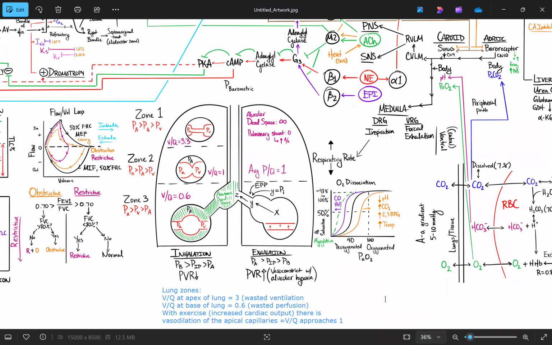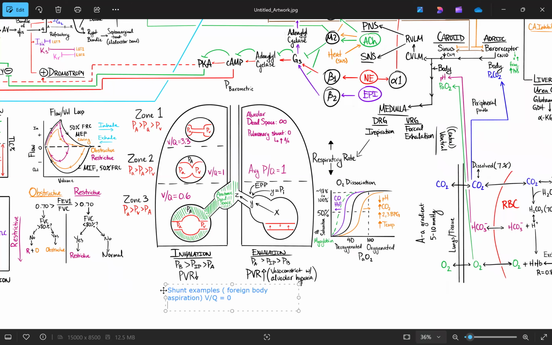For pulmonary shunts, that'll be 0 because you don't have any exchange of gas, but you have all the perfusion. What are some conditions you can think of with pulmonary shunts? You can think of fibrosis. There's damage to your lungs. You can think of emphysema, for example, causing some of that damage, where you basically have damage that doesn't allow for gas to cross the alveoli.